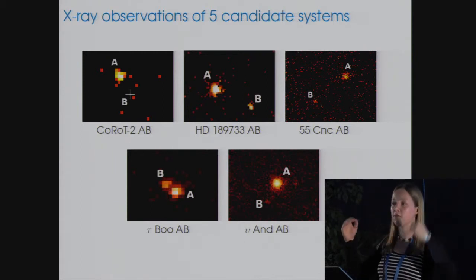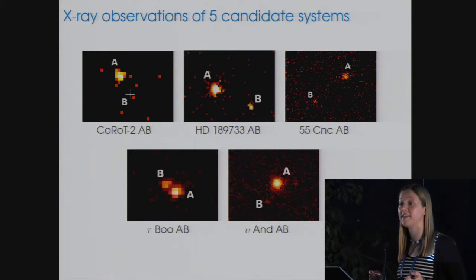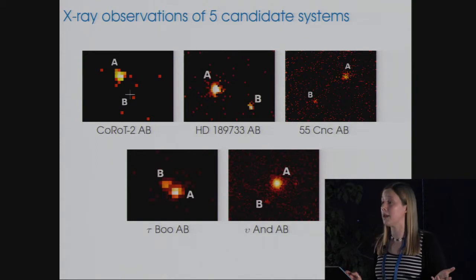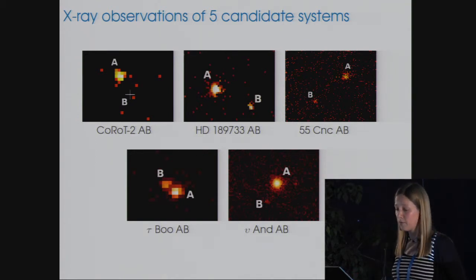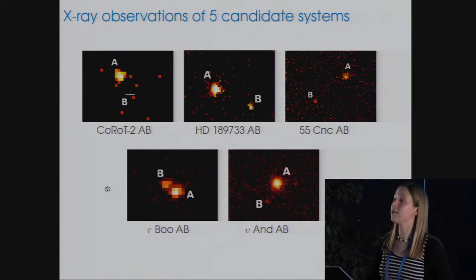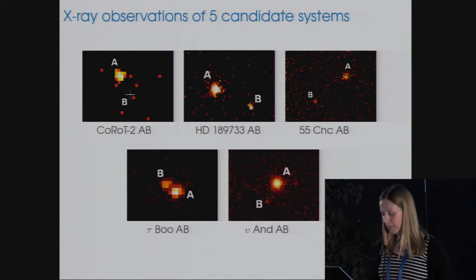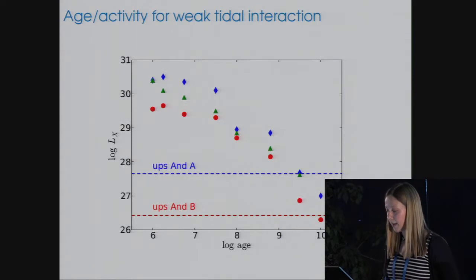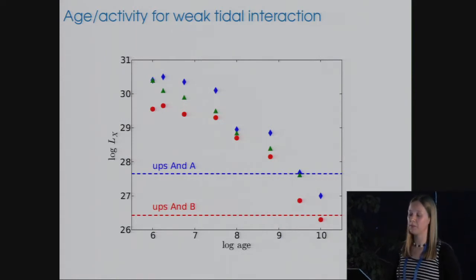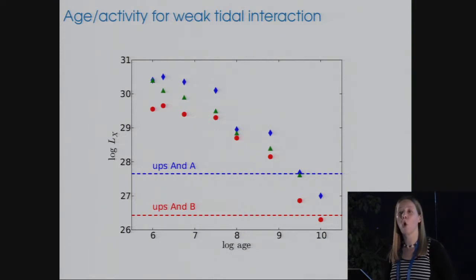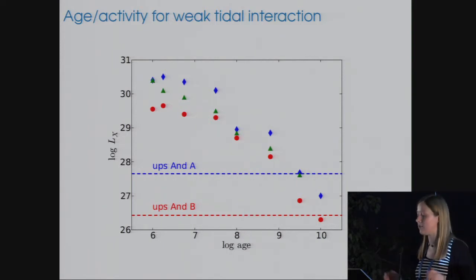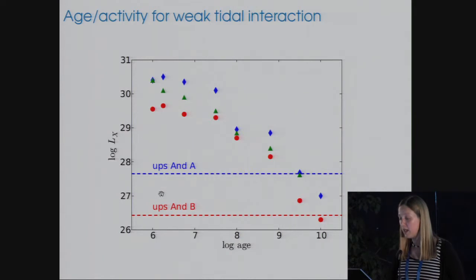So after adjusting for spectral type differences, they should display the same activity level if there's no planetary influence at all. We have recently performed X-ray observations of these 5 systems, and we have 15 more systems coming up, and I'm just showing you a few examples here. For one of those systems, the Upsilon Andromedae system, where we have a quite hot host star and expect weak tidal interaction between exoplanet and host star, we find this.